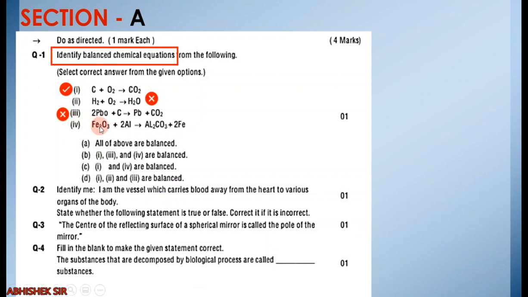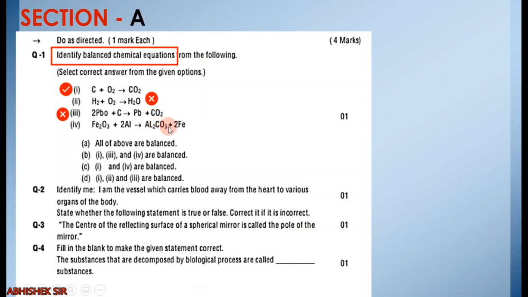So let us see Fe2. So 2 molecules of iron over here, 2 iron, so balanced. 3 oxygen over here, also 3 oxygen, so oxygen is also balanced. What about aluminum Al? Over here you see 2 aluminum on this side and Al2 on this side, but what remaining is there?